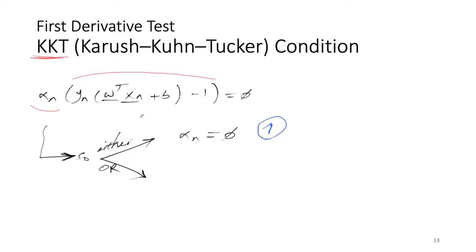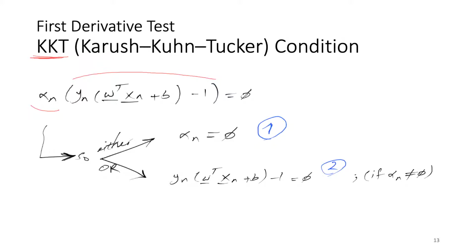So now we have two cases. Either alpha n is 0, or if alpha n wasn't 0, then yn (w transpose xn plus b) minus 1 must be 0, because at the end of the day the outcome was 0.